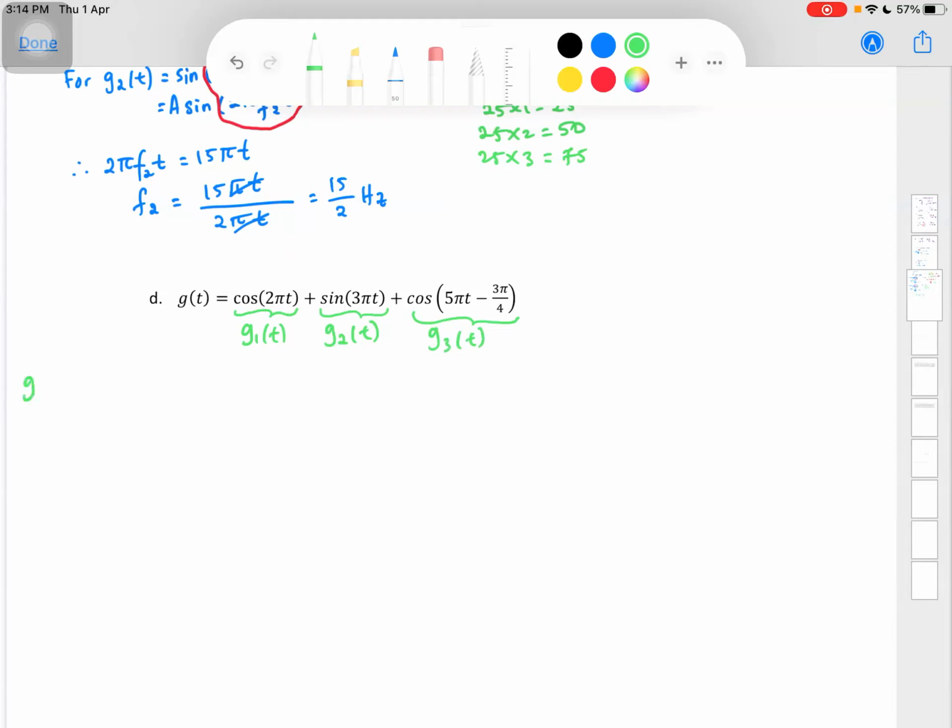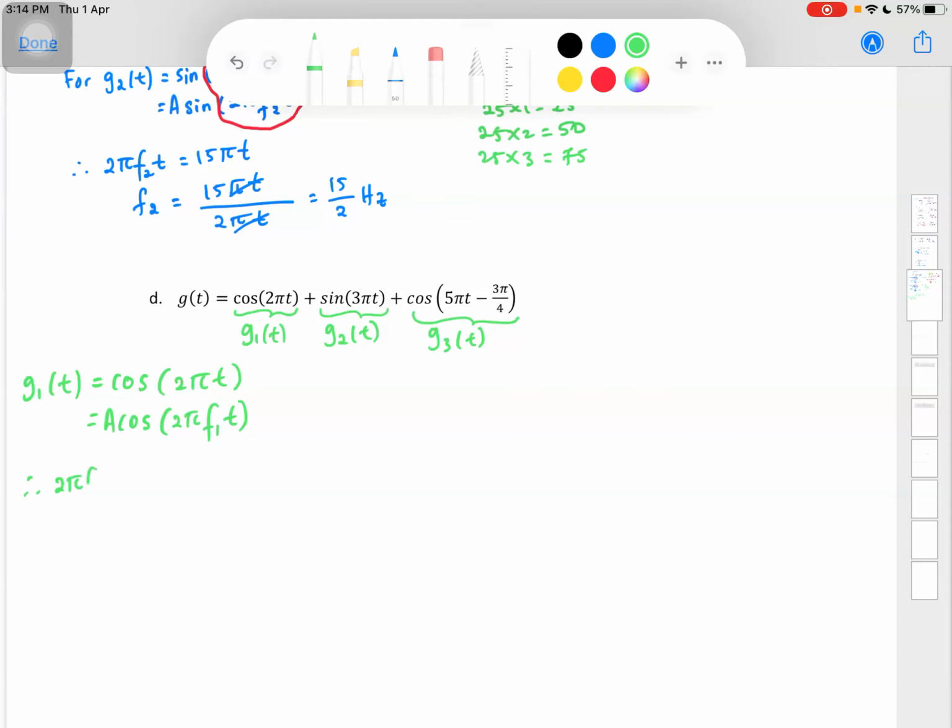Okay, we have g1 of t, which is equals to cosine of 2 pi t. Make it equals to the general function of a cosine signal and make the terms in the bracket equal.